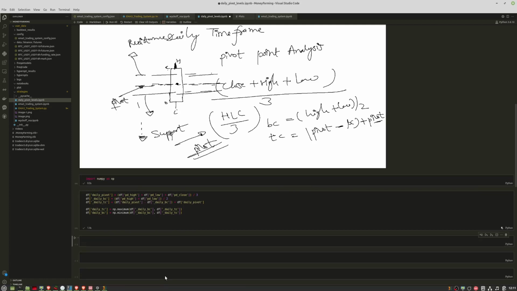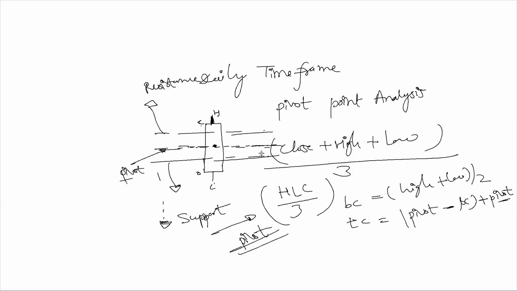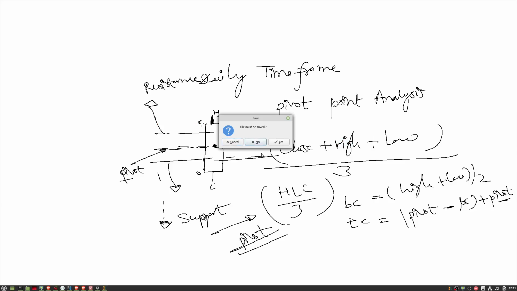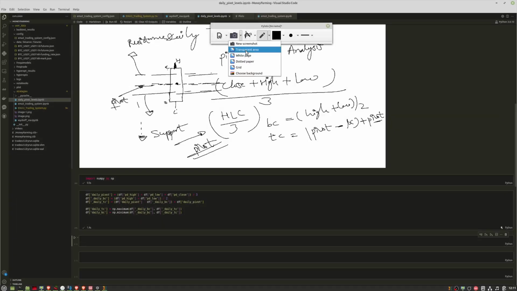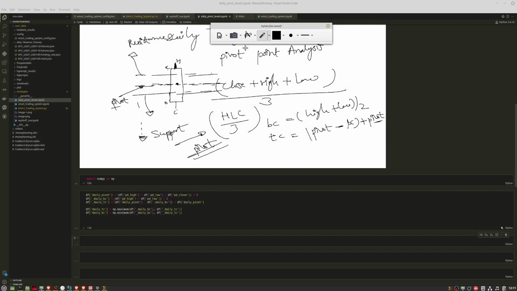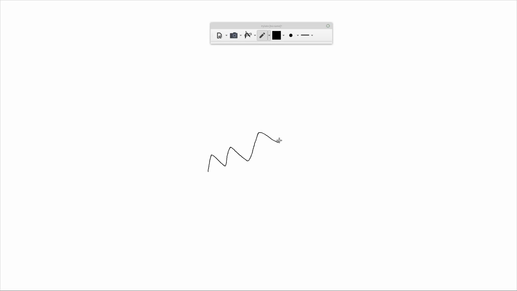So here's the formula for how to calculate pivot points. Suppose the market is here, and the next day starts from here.